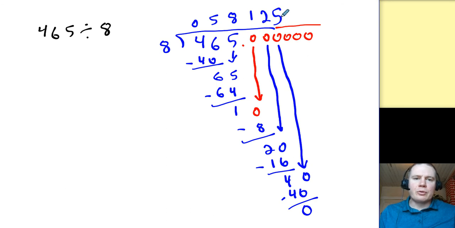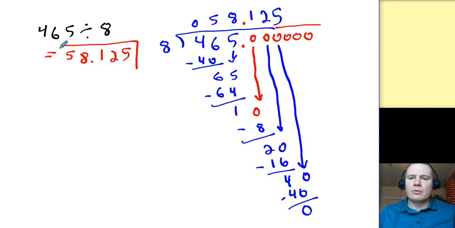So now I'm going to divide by 10 3 times and put my decimal point basically right back where I started. So I don't have to really keep track of how many zeros I used. I just have to take wherever my decimal point was, and it stays there. So my answer here, 465 divided by 8 equals 58 and 125 thousandths, or 58.125.